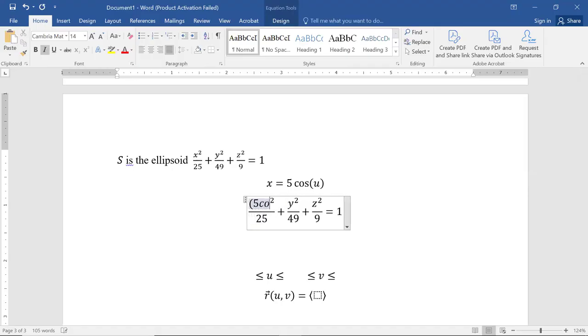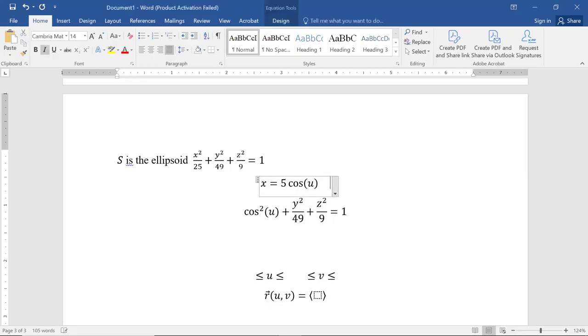I get 5 times cosine of u, squared. It's pretty easy to see that when we do that, 5 squared over 25 is going to become a 1. And that first term will be cosine squared of u. Now I want this stuff to become a sine squared of u.